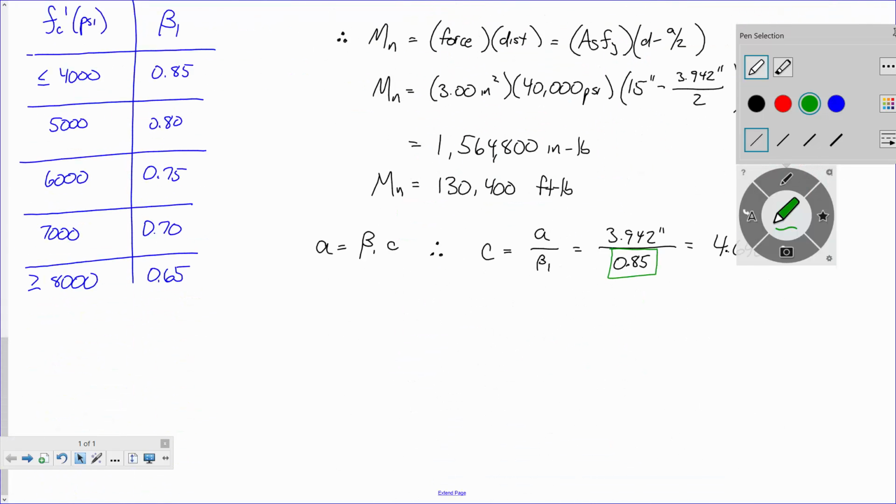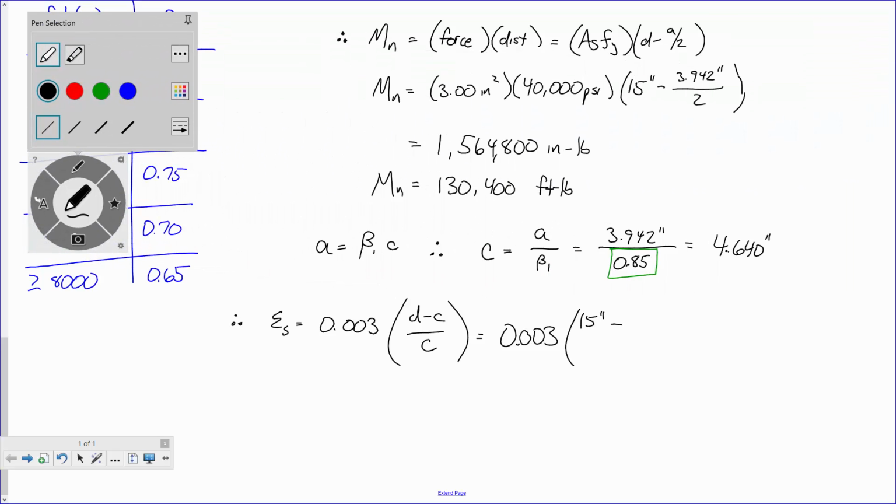D is what, 15 inches? Minus 4.640. What do we get? 0.037.